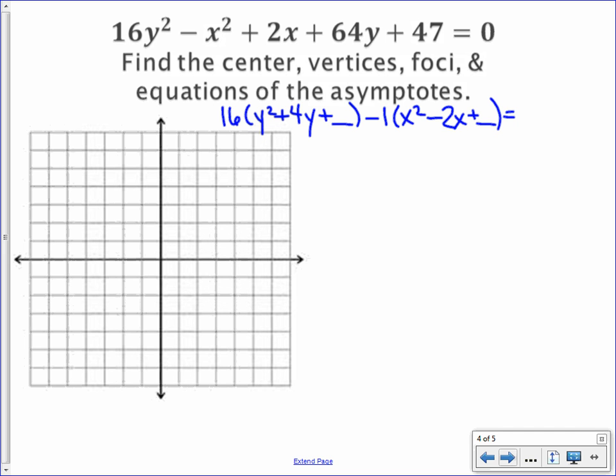Okay? So then we'll move our -47 to the right side. We'll subtract 47 over to be -47, and then we'll have to add our 2 mystery numbers. What completes the square here? 4, but what are we really adding? We're really adding 64.